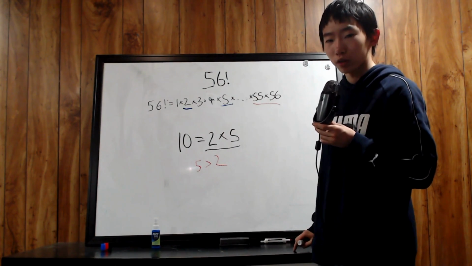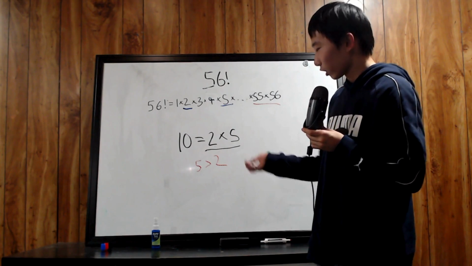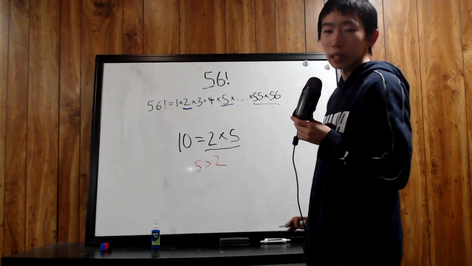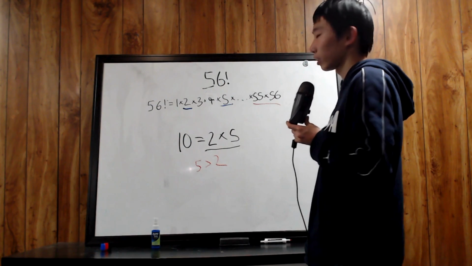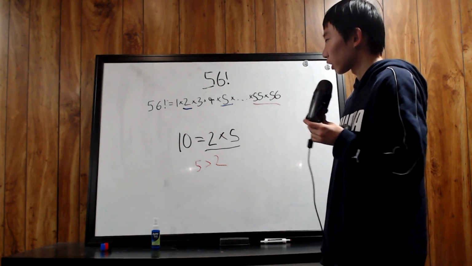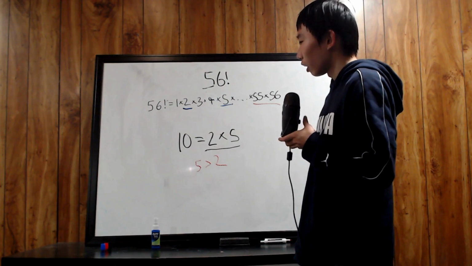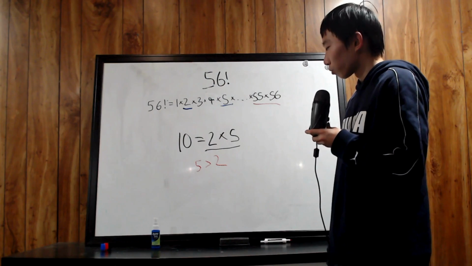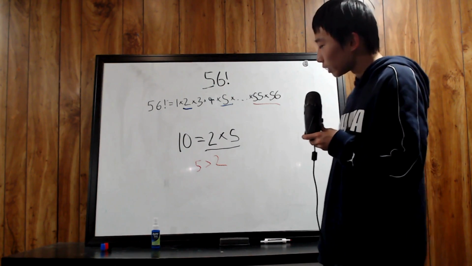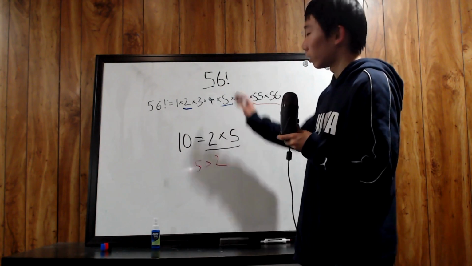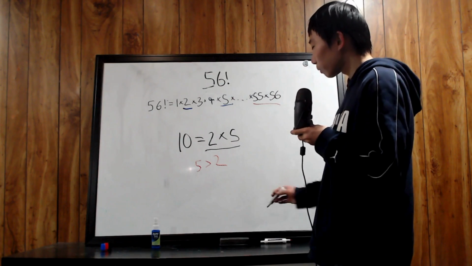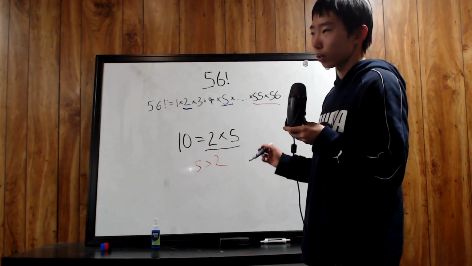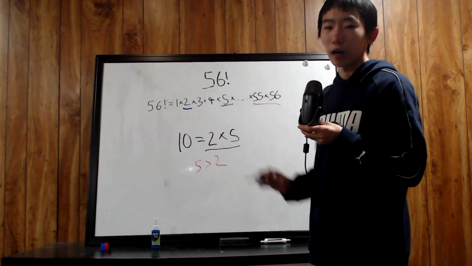Or you can say that 2 can divide into 56 factorial more times than 5 can, since 56 factorial is just the product of all the positive integers from 1 to 56. So however many factors of 5 there are in 56 factorial, there will always be enough factors of 2 to make a factor of 10 by combining the 2 and 5, right?